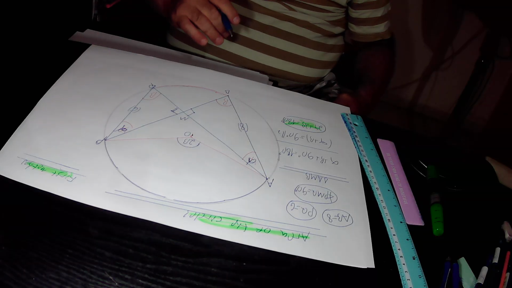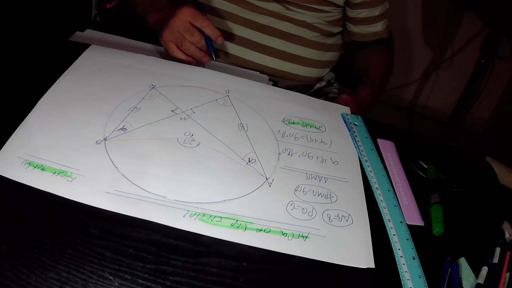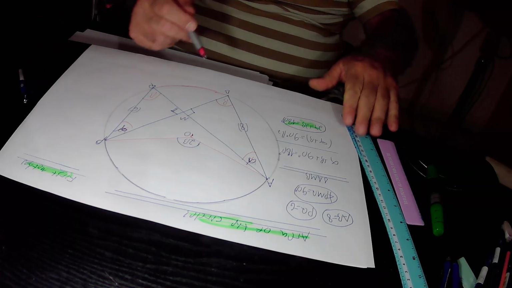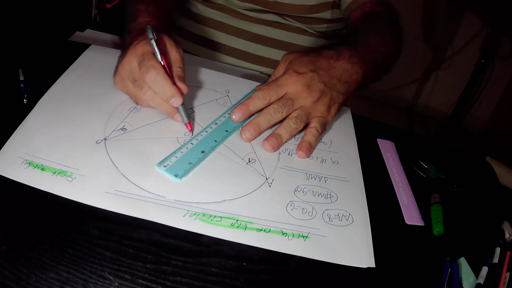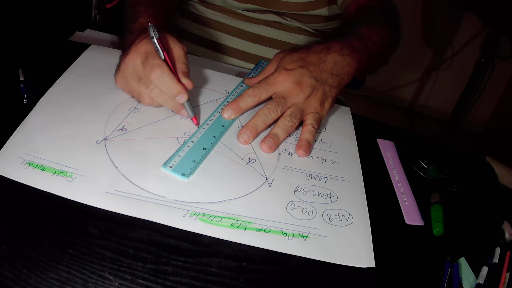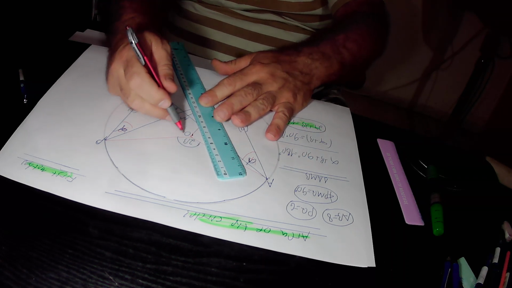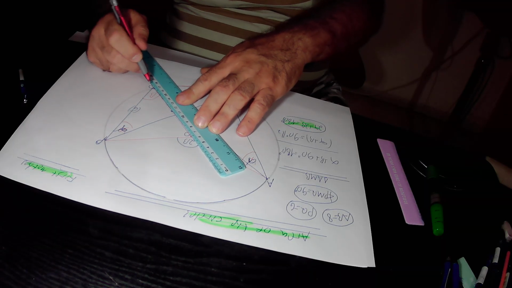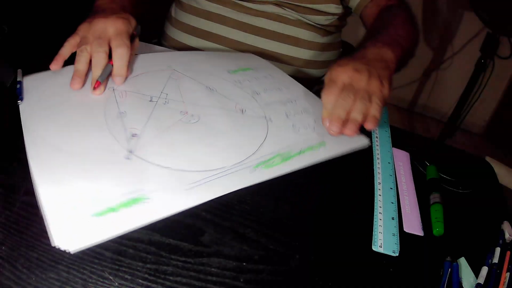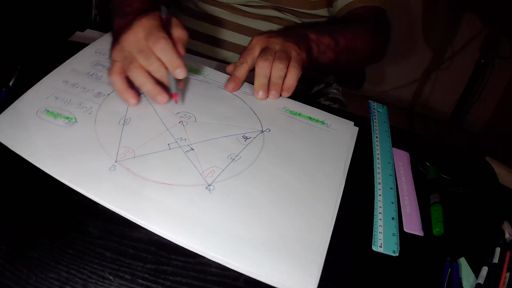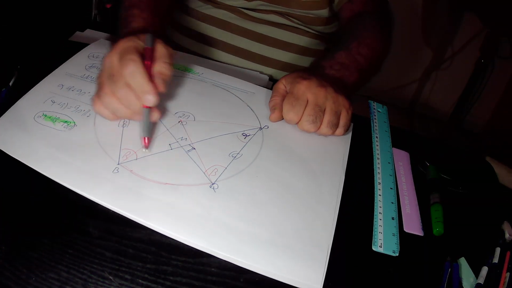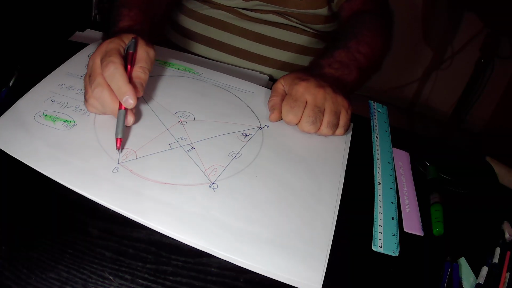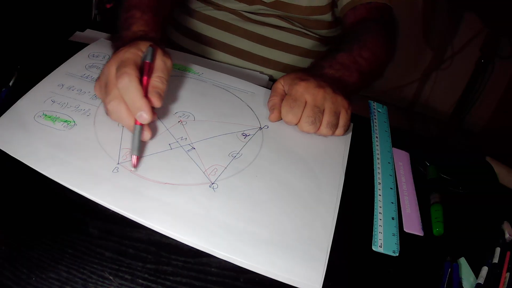In the next step, we create another center angle, BOQ. This is center angle BOQ that subtends on chord BQ. Again, center angle BOQ subtends on arc BQ.